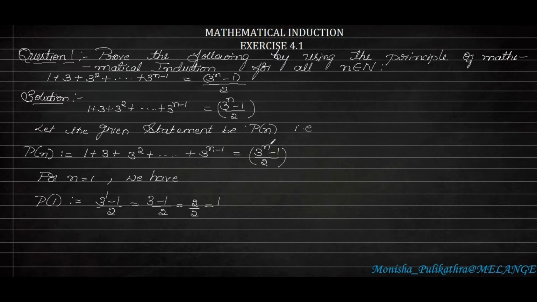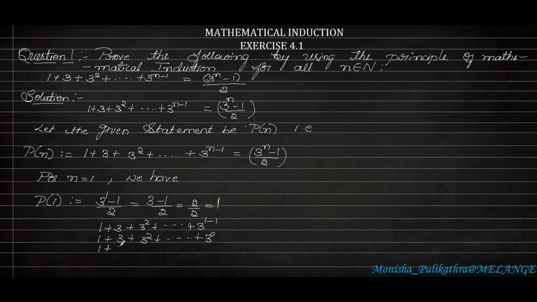So the right side becomes 1, whereas on the left side the equation is 1 plus 3 plus etc. up to 3 to the power of 1 minus 1. So 1 minus 1 is 0, and any number to the power of 0 is 1.